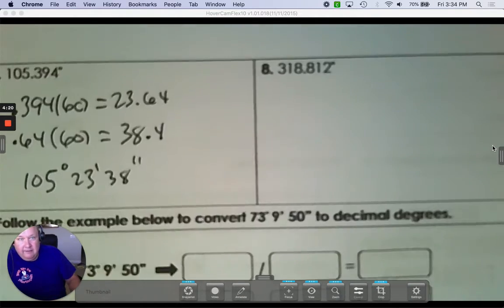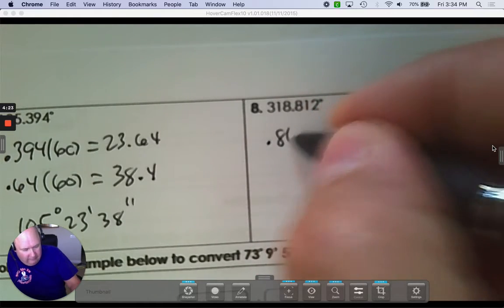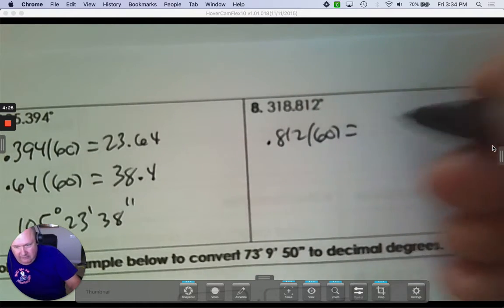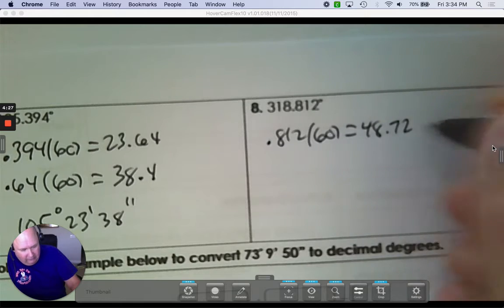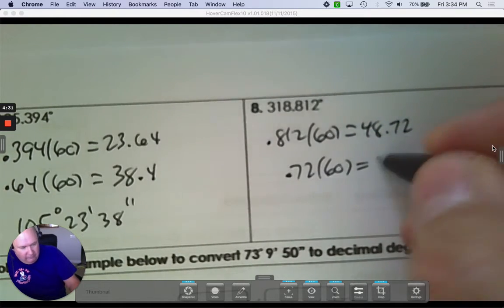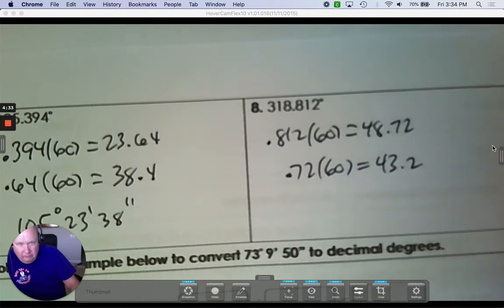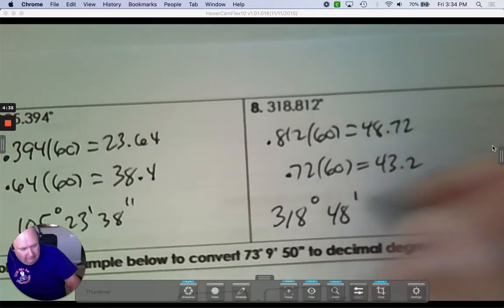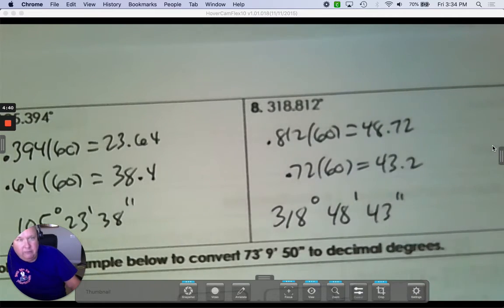All right, last one like that, 0.812. Again, multiply it times 60. That's 48.72. Take 0.72 again times 60. That's 43.2. So 318 degrees, 48 minutes, and 43 seconds if you round.